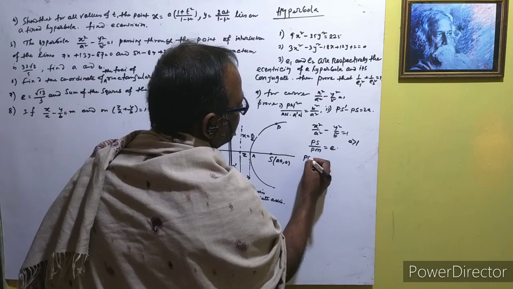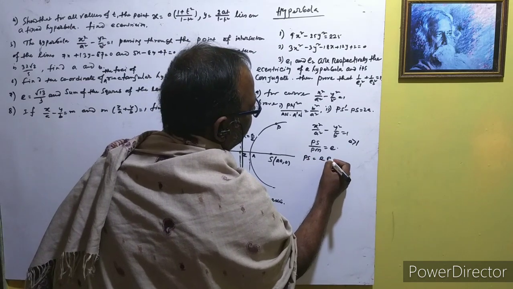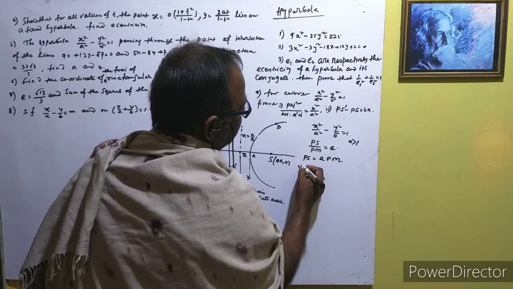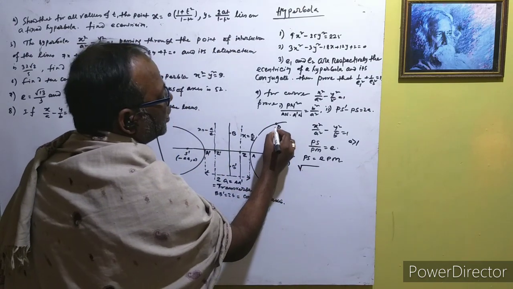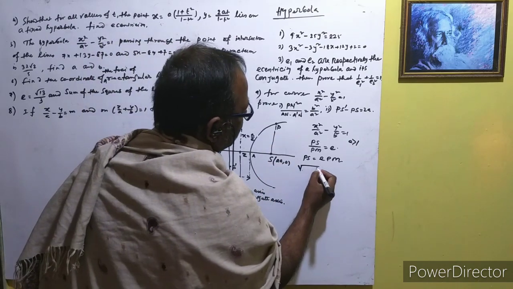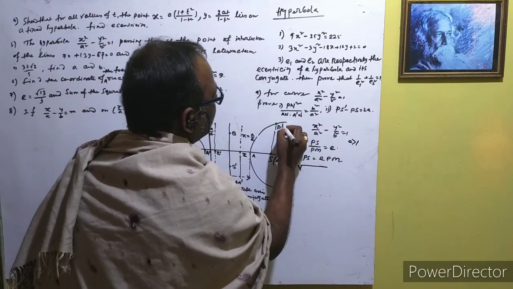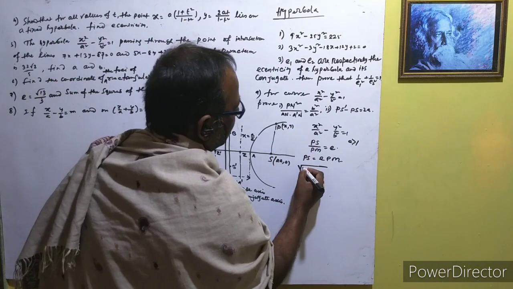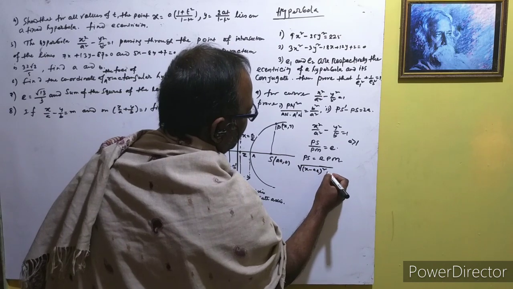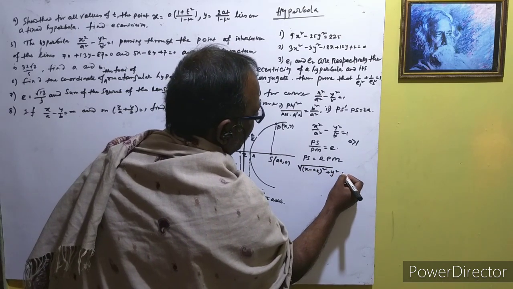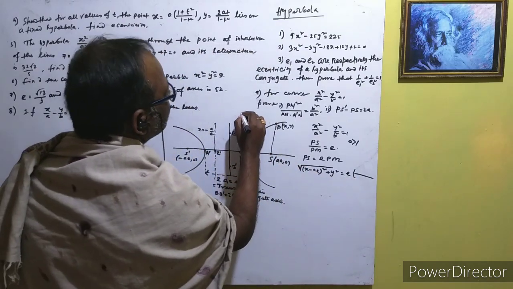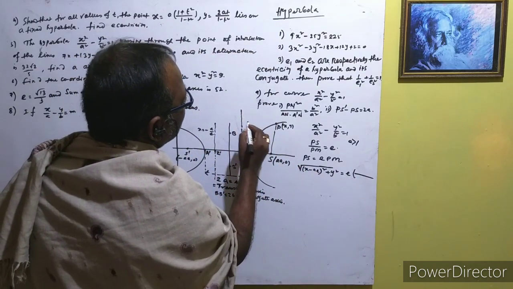Now PS is equal to E into PM. PS means the distance from the focus to P, and the coordinate of P is (x, y). So PS is the square root of (x minus AE) whole square plus y square, and this equals E times PM.